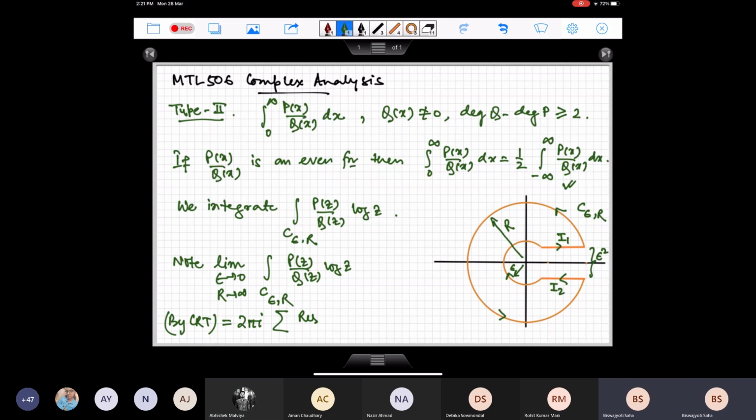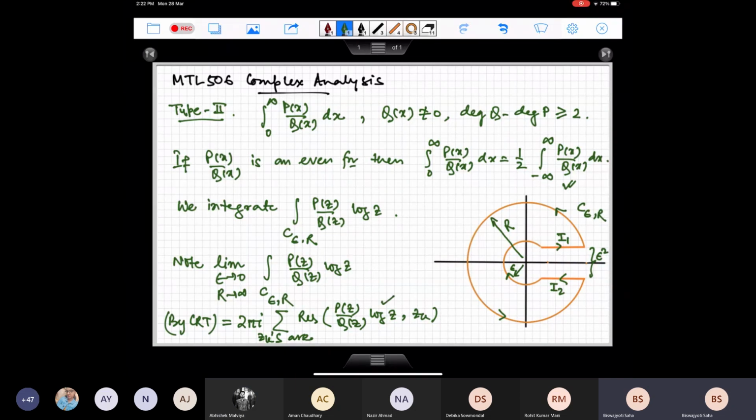They are going to come from where? Whole complex plane. So those are residues of the function pz upon qz log z at zk, where zk's are what? Singularities in C.